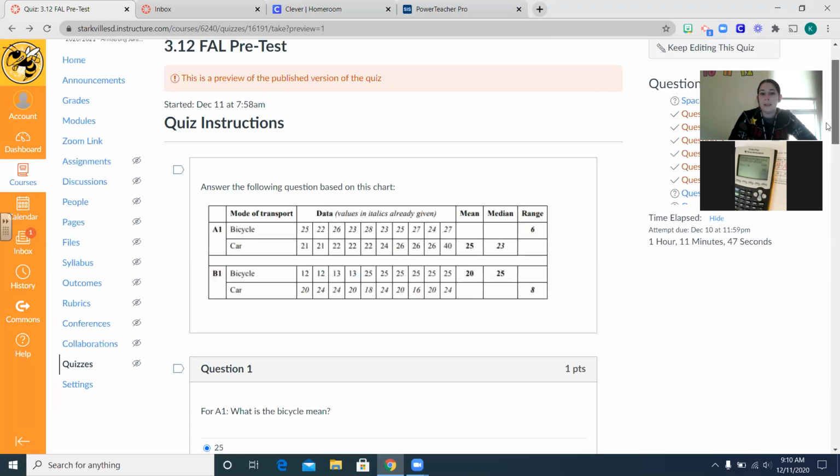So again, car median, these numbers are not in order from least to greatest or greatest to least, right? So we need to, I need to back my phone up some. So let's put these numbers.